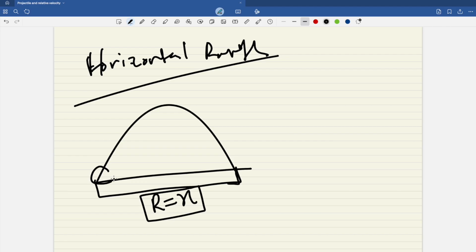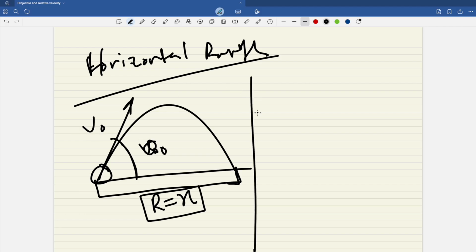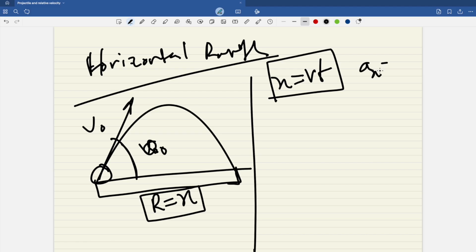So that is what the horizontal range actually means. So how will we be able to get this? We know that x equals vt if the acceleration is 0 at x. At x the acceleration is 0, as we had seen before. So x equals vt.